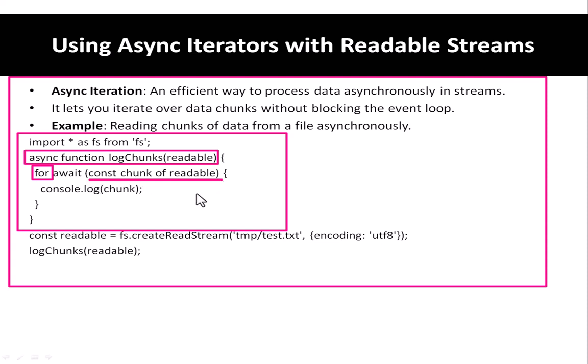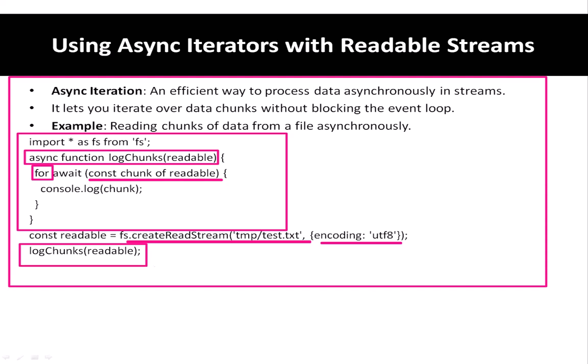Now here we are going to use the file system with test.txt, defined in the file temp test.txt, with encoding UTF-8, where it is going to read the log messages asynchronously, and report whenever the particular file is not found.